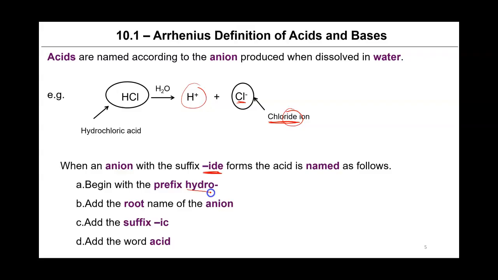We're going to begin with the prefix hydro, and then we're going to give the root name of the anion, which in this case is chlor. We're going to finish that off with the ending ic, and finally add the word acid. So for that reason, this acid is named hydrochloric acid.